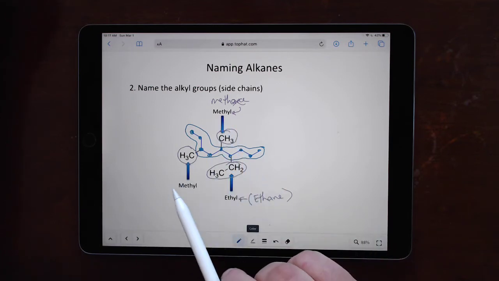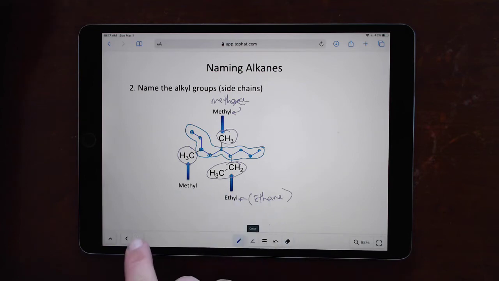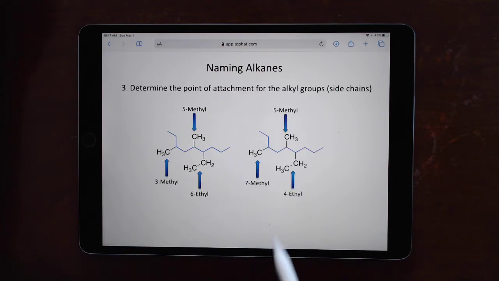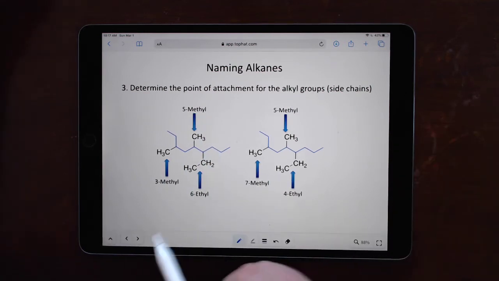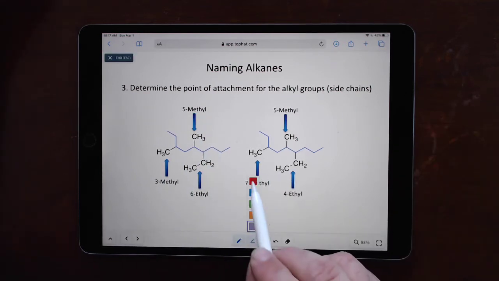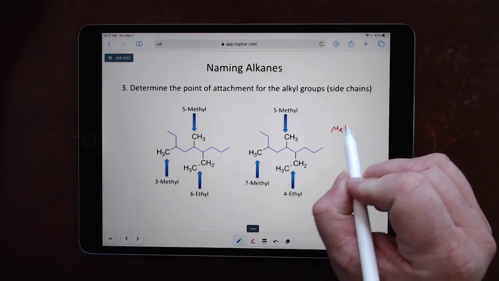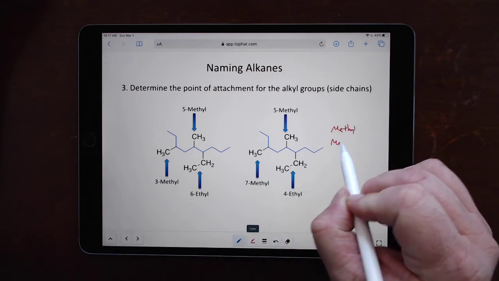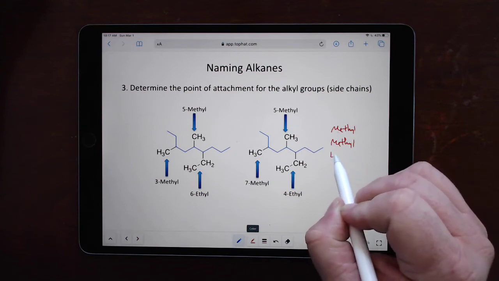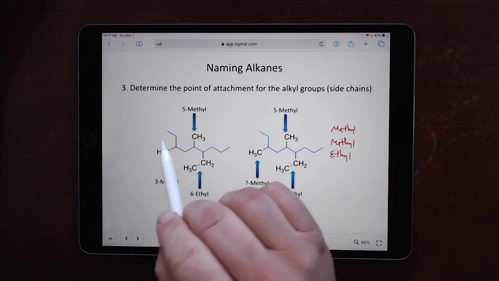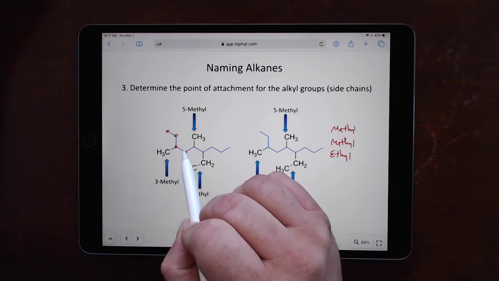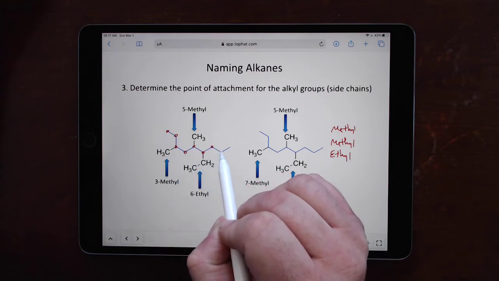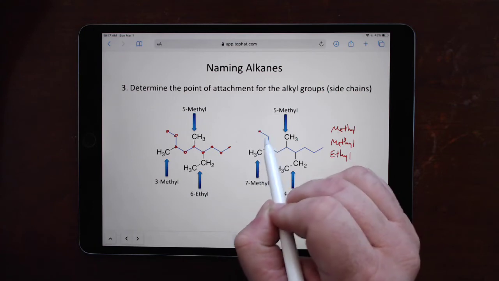So we have 2 methyl groups and an ethyl. Typically what we'll do is say, okay, so we have methyl and ethyl. If we start on, we don't know which side is going to be carbon 1, so I'll put in the dots so it's easier to see. 1, 2.